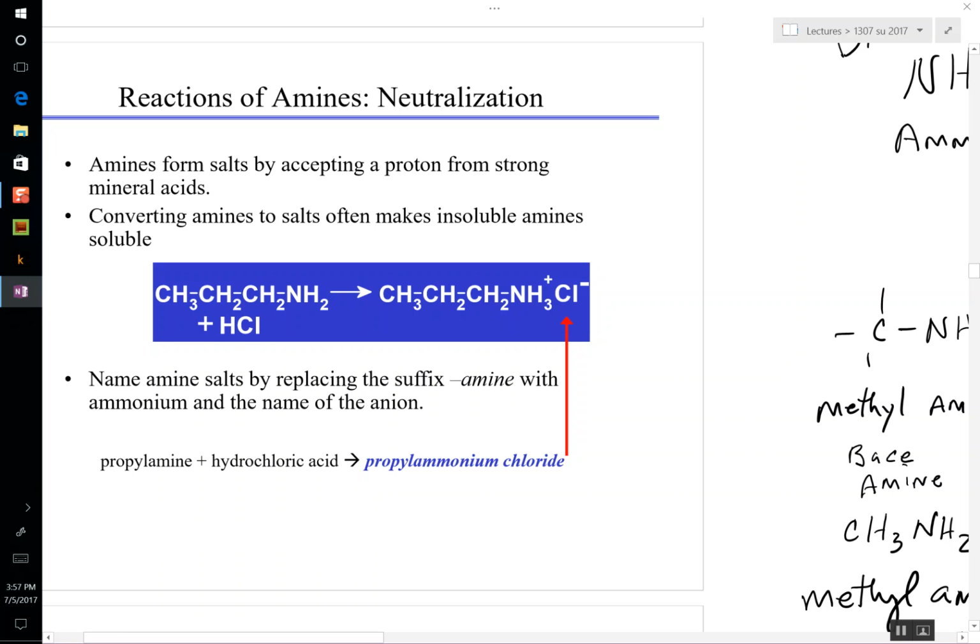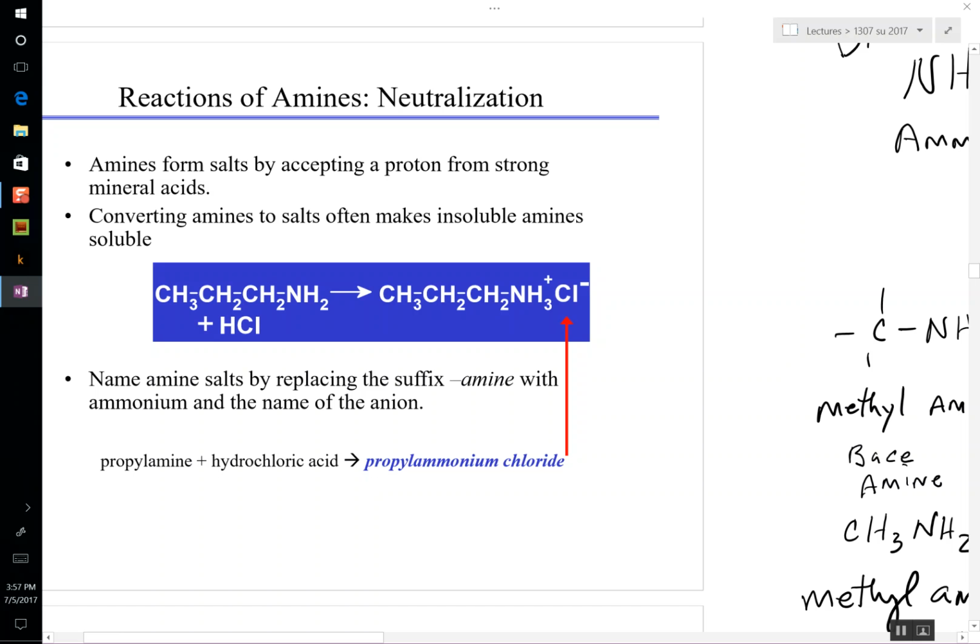And so even drugs, you might be on a prescription and it has a nitrogen in it, has an amine group on it, they will react it with hydrochloric acid so that instead of only getting 30% of it into your bloodstream, you'll get 45 or 50% of it into your bloodstream because it's more soluble in water.